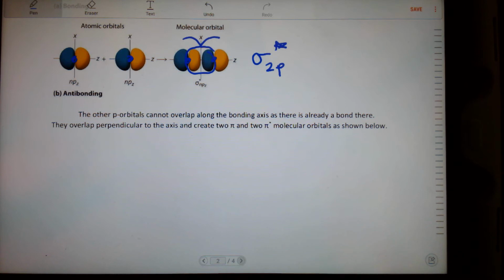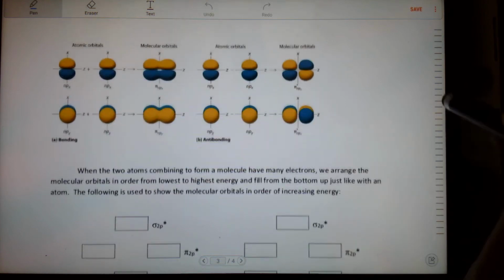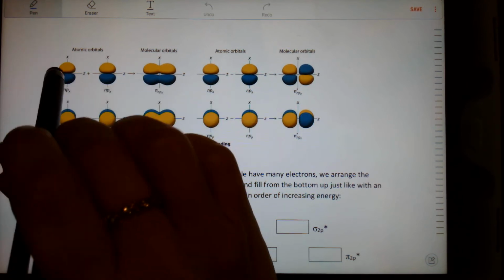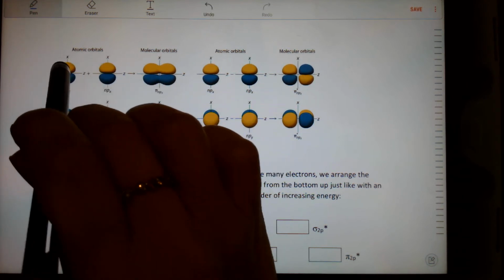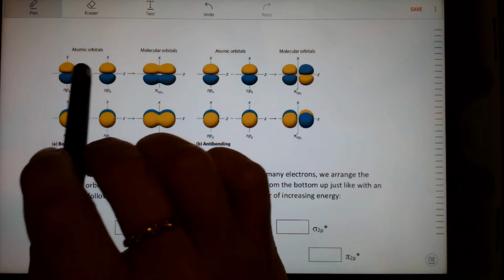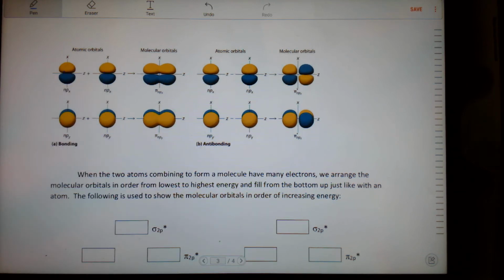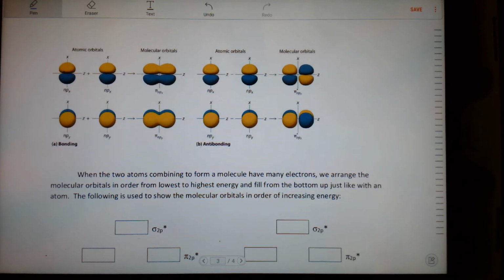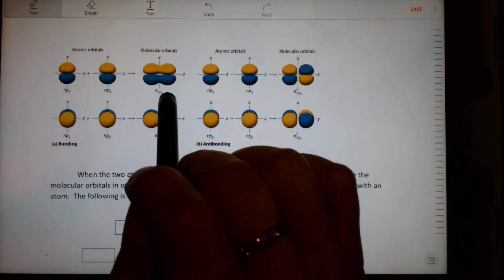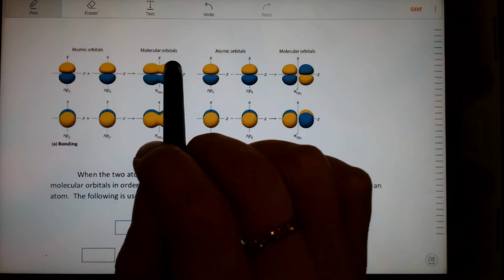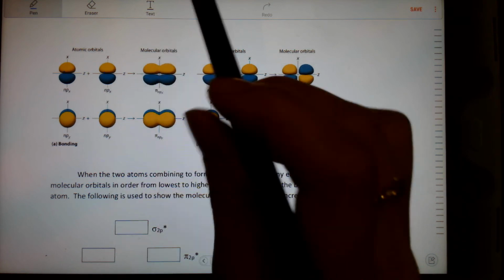So let's see how it works for pi. Okay, so pi gets a little bit weird. Now we have, again, our nucleus in the center, and the bonding axis right here is Z. So now we're above and below. Remember this thing where I tried to combine them above and below. That's exactly what we're seeing here. This one gives us constructive overlap, where the yellow combined with the yellow and the blue combined with the blue.